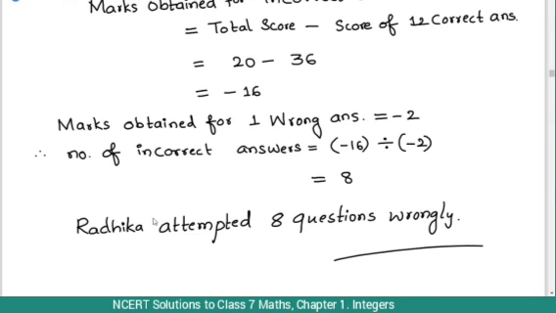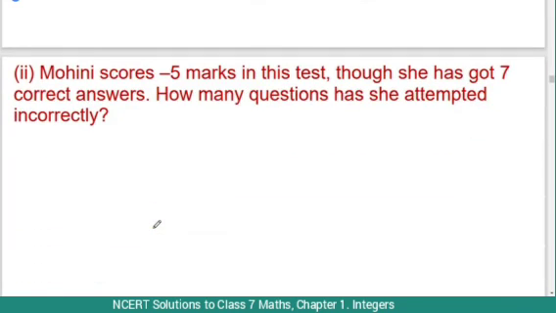Second one, Mohini scores minus 5 marks in this test. Though she got 7 correct answers, how many questions has she attempted incorrectly? Solution.